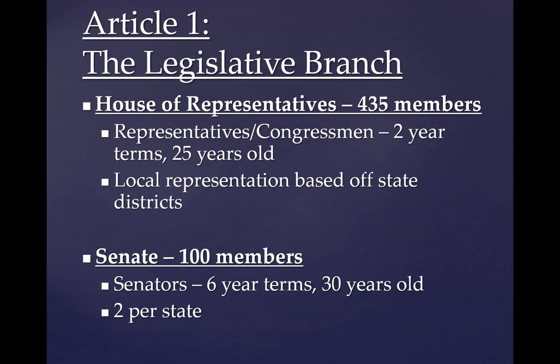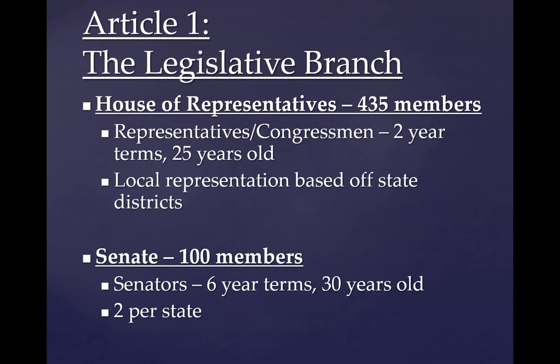Over the 10-year periods, the House of Representatives is meant to be your local representation, and it's going to be based off of state districts. Each state has a certain number of districts. Your smaller states are going to have typically fewer than your larger states based off of population anyway.